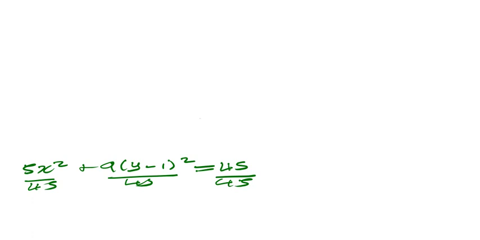Okay. So this is what I'm remaining with right here. So we are remaining with 5x squared over 45, and you observe that 5 into 5 is just a 1.